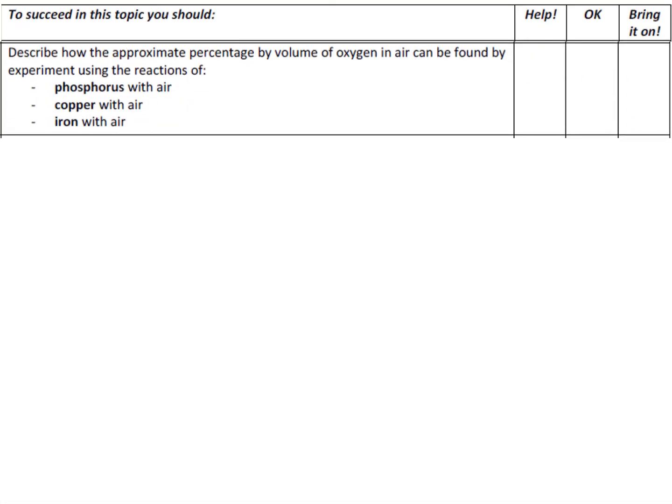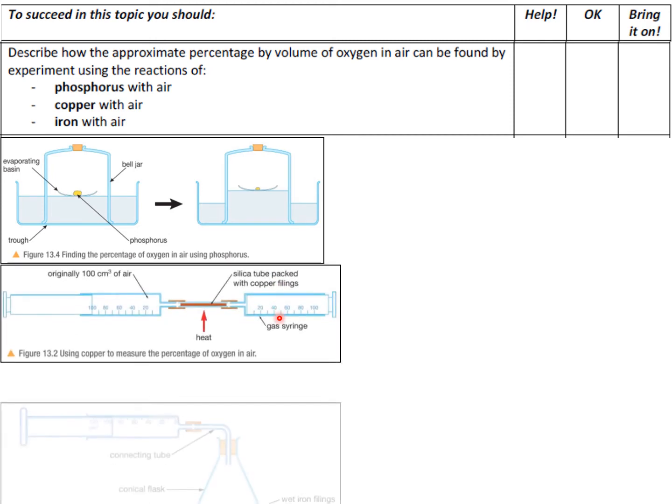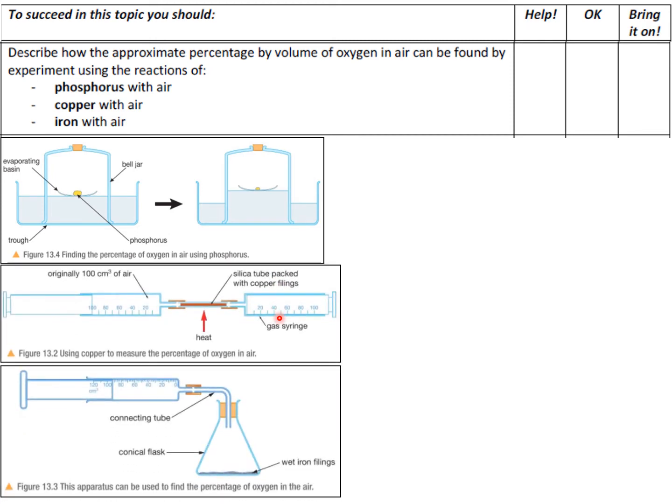Okay, so there are three experiments that you need to know about for how we can calculate the volume of oxygen in air. That can be calculated by these three experiments, with phosphorus reacting with the oxygen in the air, copper reacting with the oxygen in the air, or iron reacting with the oxygen in the air.